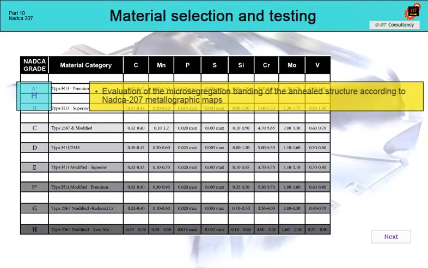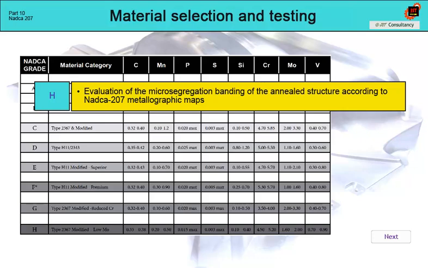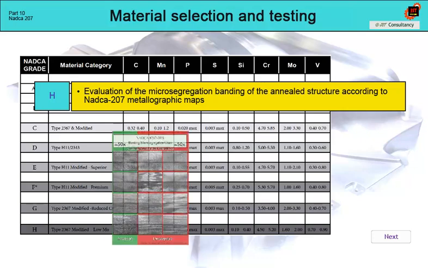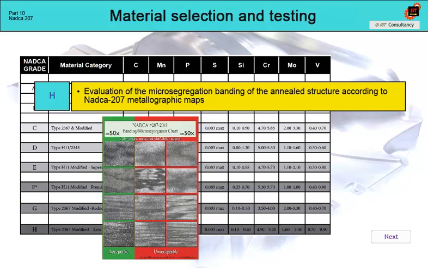Condition H. Any steel prepared by forging or rolling exhibits some degree of microsegregation banding. This is manifested by the arrangement of one or several structural components in rows, usually in the direction of longitudinal hot forming, for example, rows of pearlite, carbides, or non-metallic inclusions.